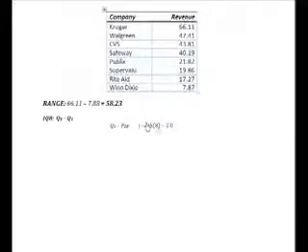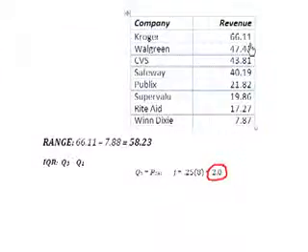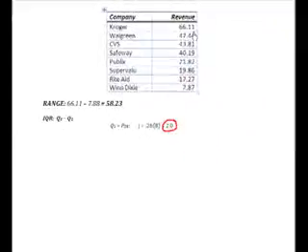Remember, 8 is our n, and so what that comes up with is it gives me the beginning of the location of Q1 as the second data point. But remember, when we have just a whole number like 2, we have to go between the second and the third. So let's see what we have there.